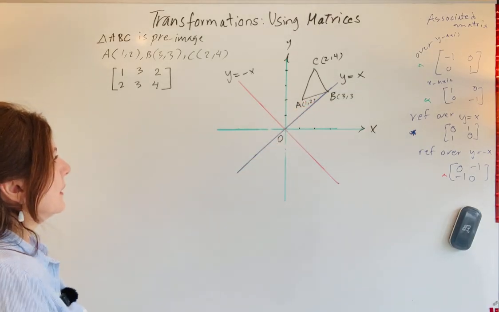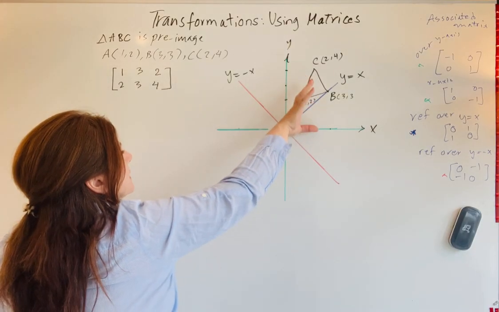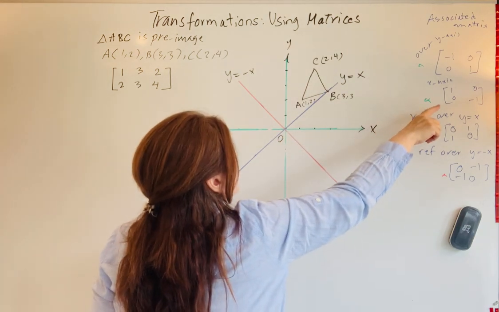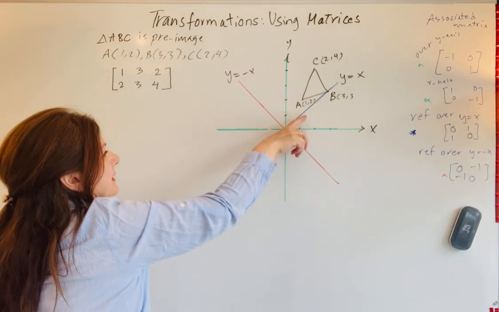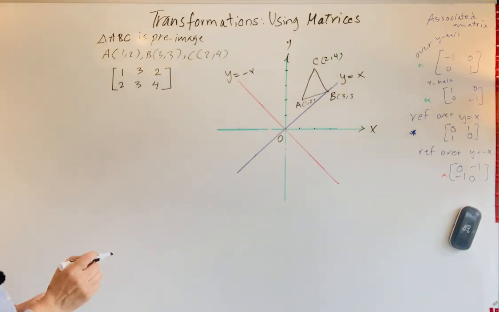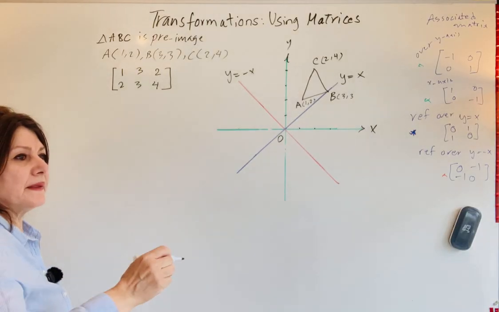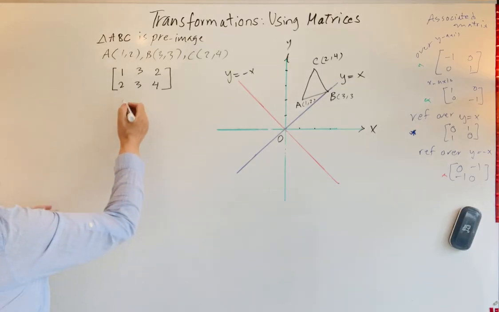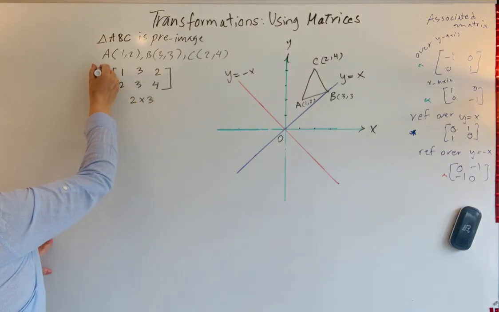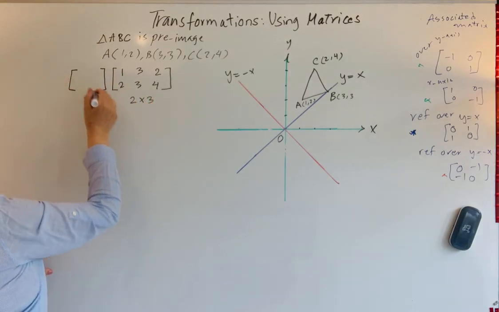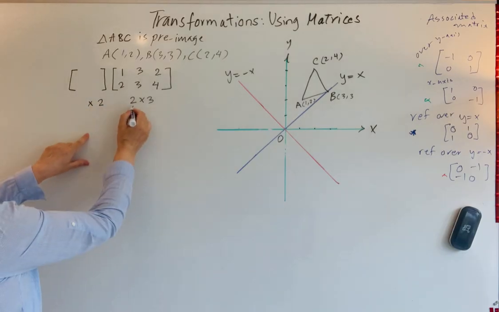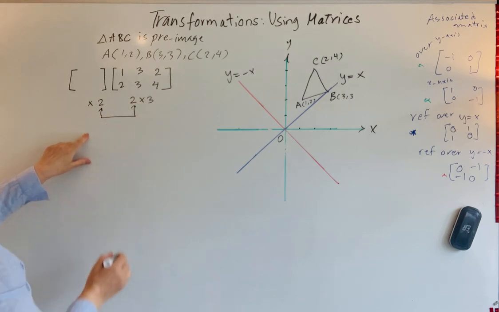If we want to reflect this over the x-axis, I told you that we keep the x's and just change the y's. But the multiplication of matrices works like this: if this one is a 2 by 3 matrix, the matrix we use here must have 2 columns so the dimensions match.